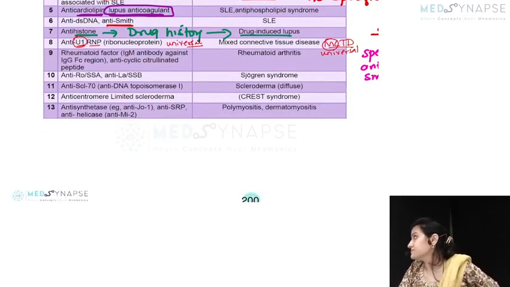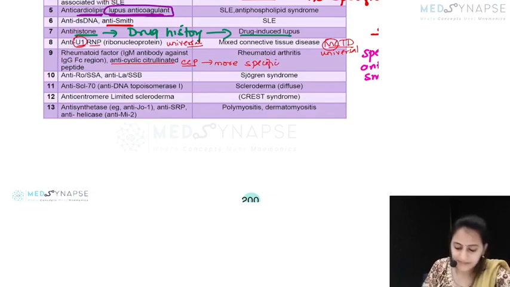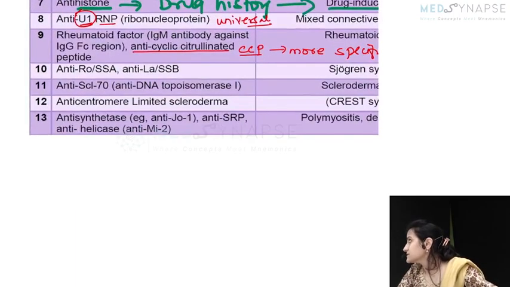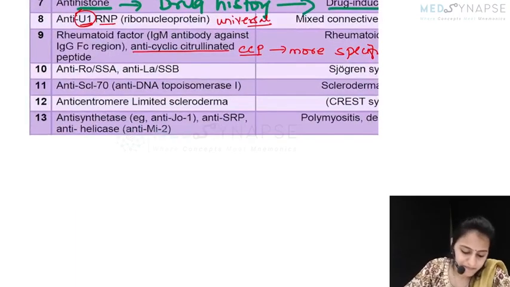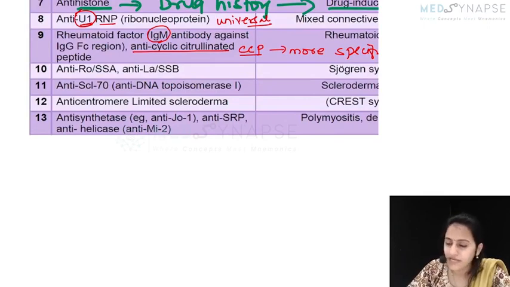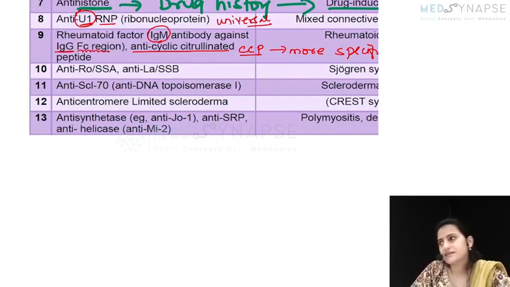Rheumatoid arthritis, we have rheumatoid factor and the more specific is anti-CCP. CCP is more specific for rheumatoid arthritis. The question asked for rheumatoid factor is it a IgG or is it a IgM? It's a IgM antibody against IgG ka FC region.